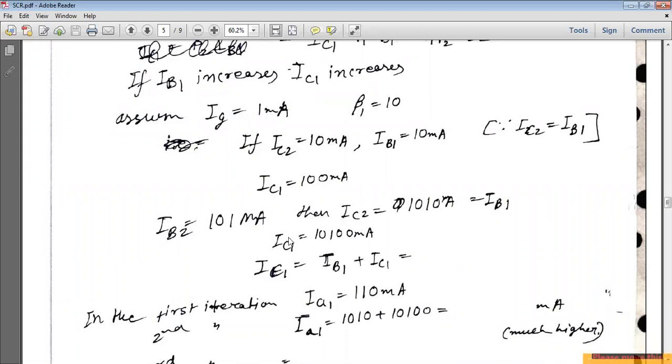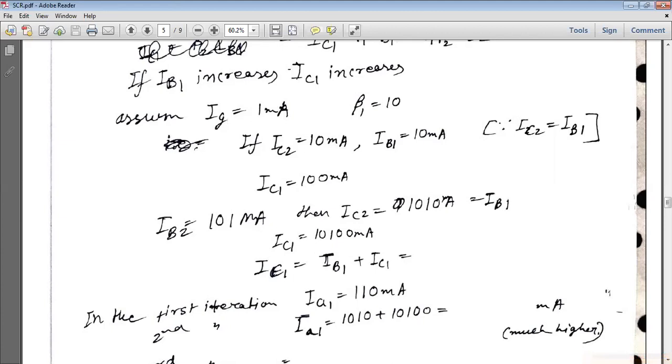If IB2 equal to 101 milliampere, then IC2 equal to 1010 milliampere, that is equal to IB1. Okay, now IC1 equal to 10,100 milliampere. So this way it is continuously increasing.